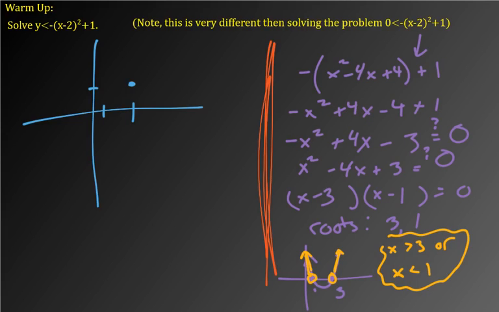An easy point could be like x equals 1, right? If you plug in x equals 1, you'll get 1 minus 2 squared plus 1, and that'll actually work out to be 0. So if you plug in 1, you get 0, which means that at 3 you would also get 0 because of the symmetry.